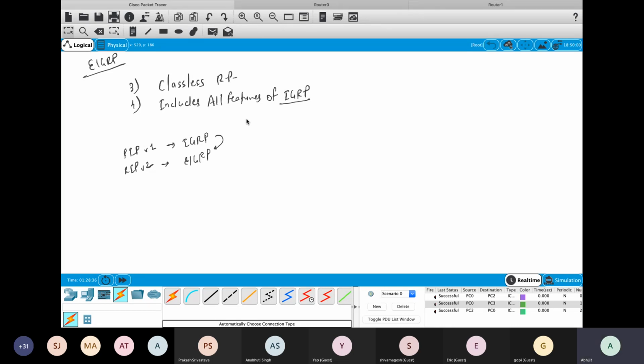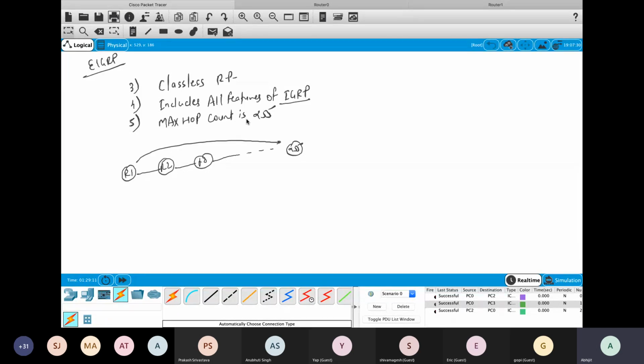So you can say that it includes all the features of IGRP, and after that there is no, you can say, cap, because the maximum hop count in EIGRP is 255, which means you can have R1, R2, R3, and just like that, 255 routers that can be serially connected, and your traffic will still reach the 255th router.